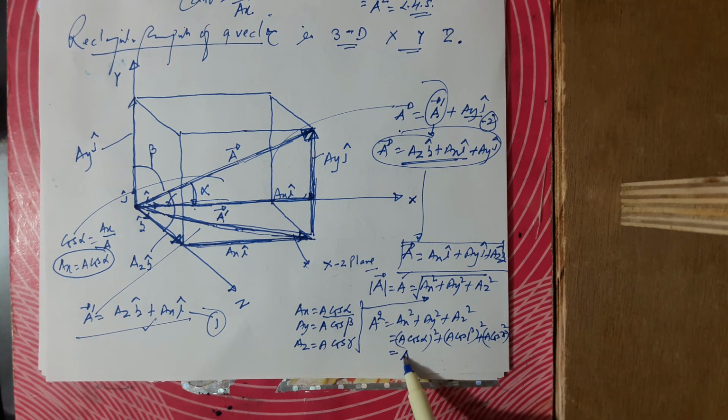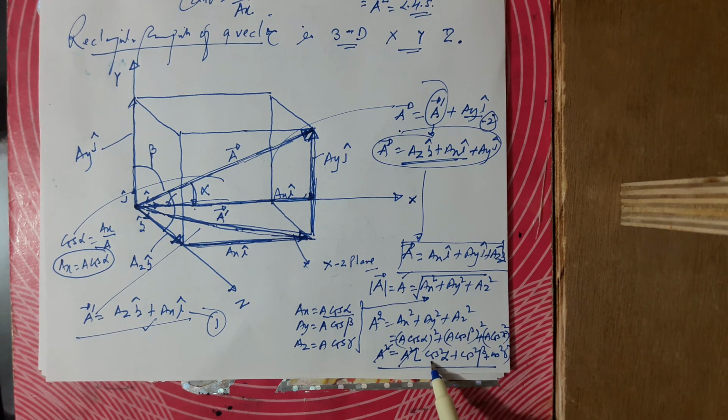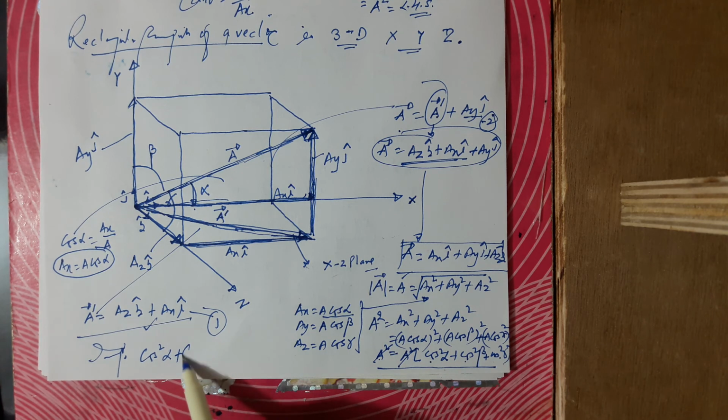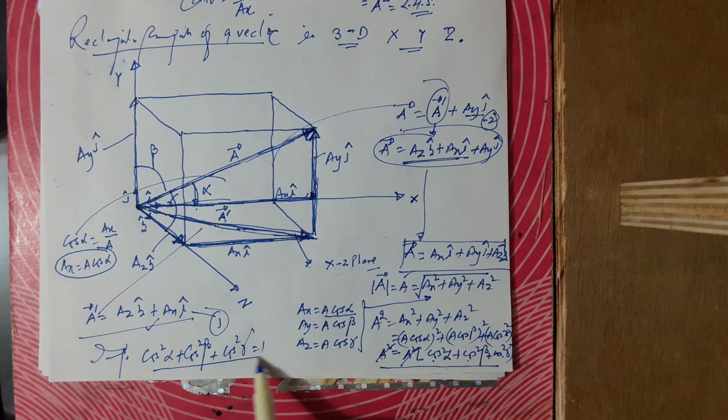You can take A square outside, inside you have cos square alpha, cos square beta, cos square gamma. This side we have A square, cancel with this. The final equation is what? Cos square alpha plus cos square beta plus cos square gamma equal to 1. So very important equation, cos square alpha plus cos square beta plus cos square gamma equal to 1.